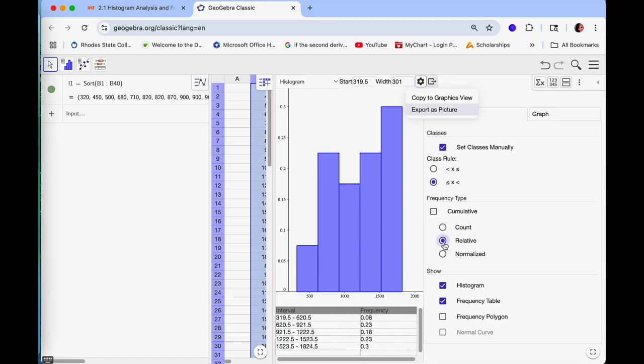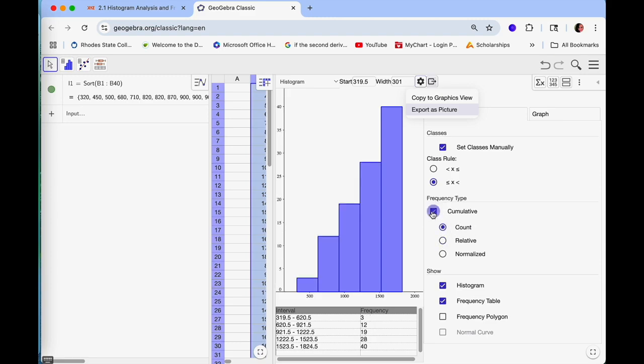If you want to see your cumulative frequency, you want to click count and then make sure you're checked on cumulative, and you can make sure that you have those values correct. Then your graph is going to go consistently up from the left to the right because you're adding them as you go. So for the first class, you have a count of 3.